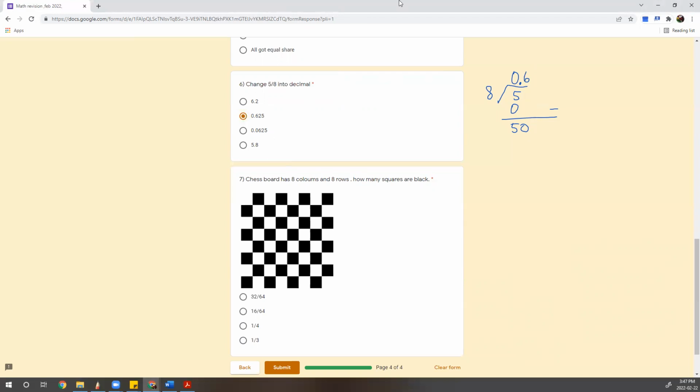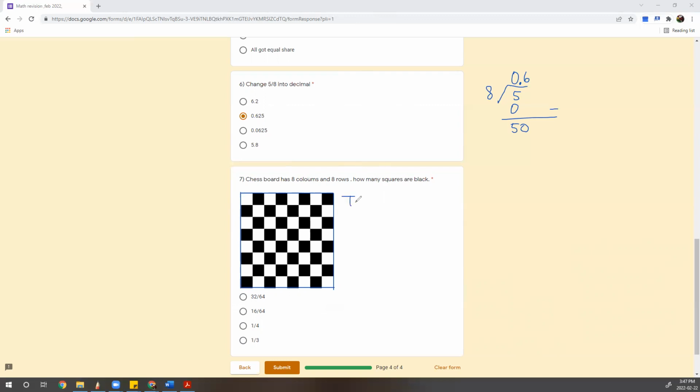Okay, now a chessboard has 8 columns and 8 rows. I think I need to put this in to make it clear that this actually is a chessboard. It is very, very simple, Rachel. How many squares are black? 8 times 8.